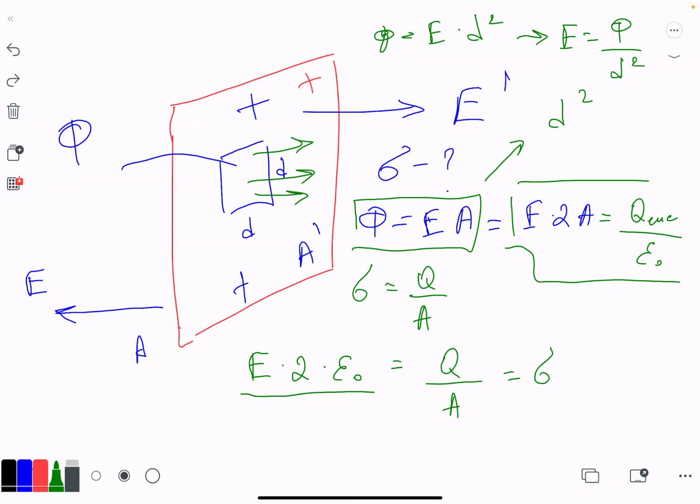Bringing it back to the equation, sigma is flux over D squared times 2 times epsilon naught. That will give you the area charge density.